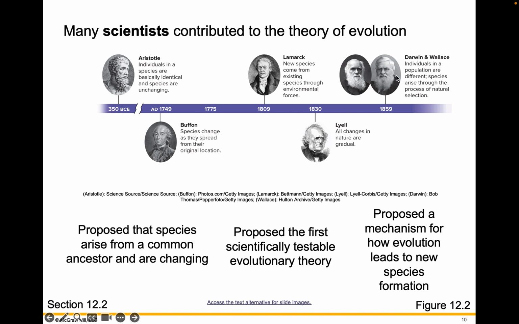Charles Darwin and Alfred Russel Wallace are the ones who stated individuals in a population are different and species arise through the process of natural selection. So this proposed a mechanism for how it is that evolution leads to the formation of new species.